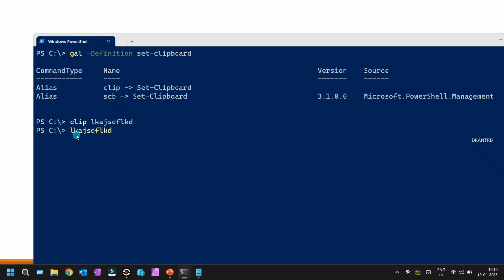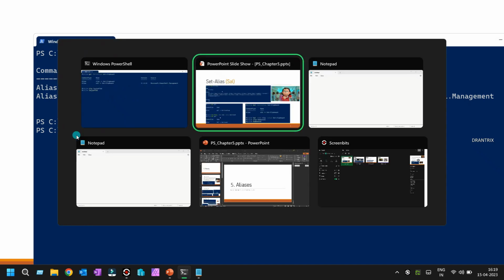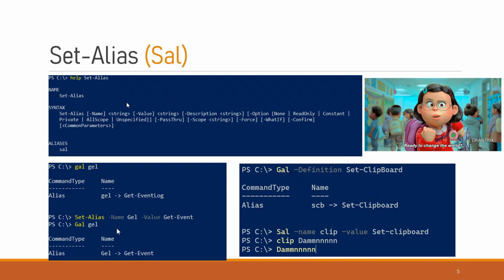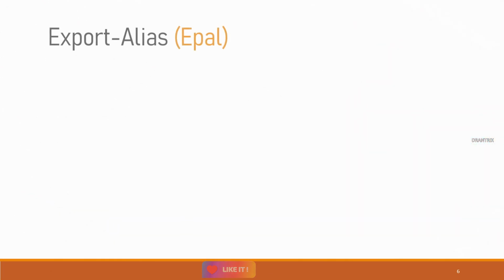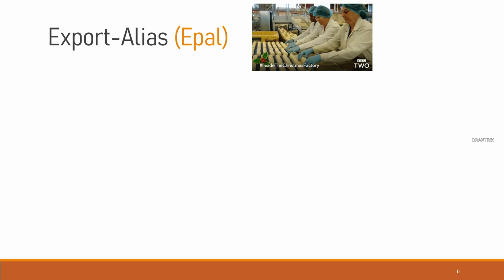See, just like this you can take the alias name and set it for different commandlets, or you can create new ones, or modify the existing one also. So that's all about Set-Alias. Let's go with Export-Alias.